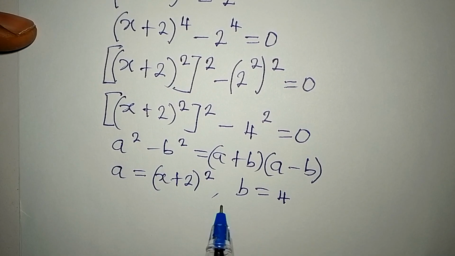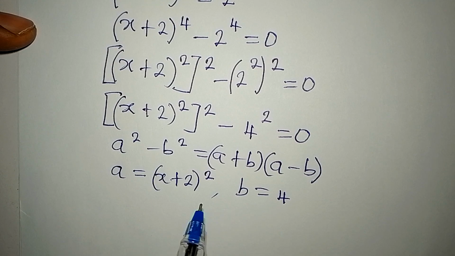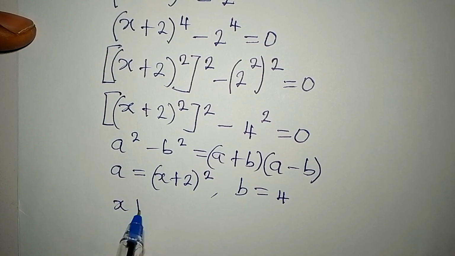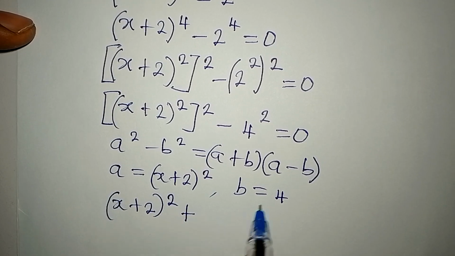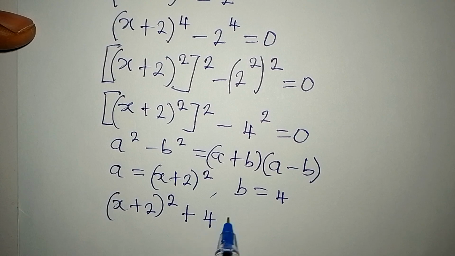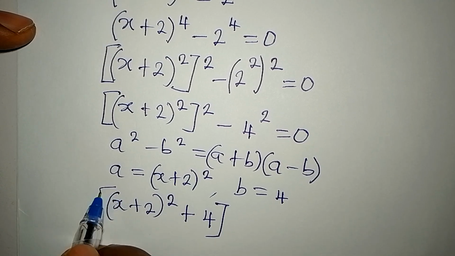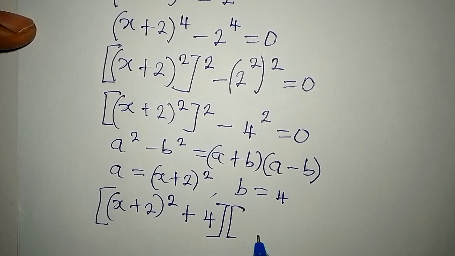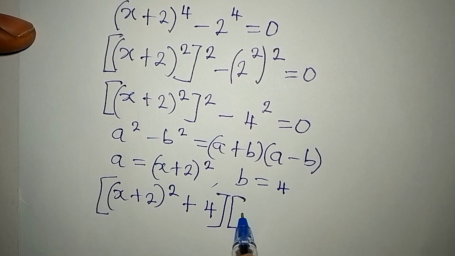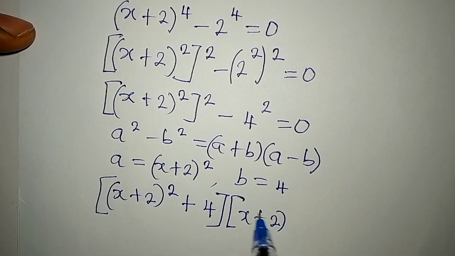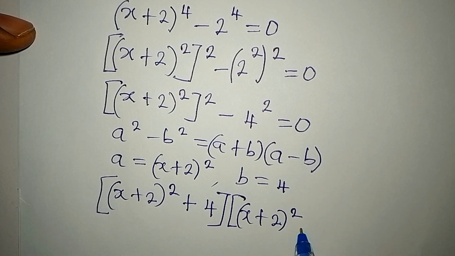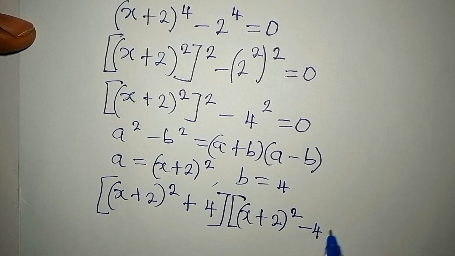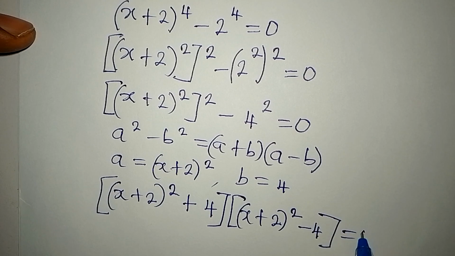In place of a + b, I'll be having (x + 2)^2 + 4, and in the second, we'll be having (x + 2)^2, but in this place, we're going to have negative 4. Then we close this and equate to 0.